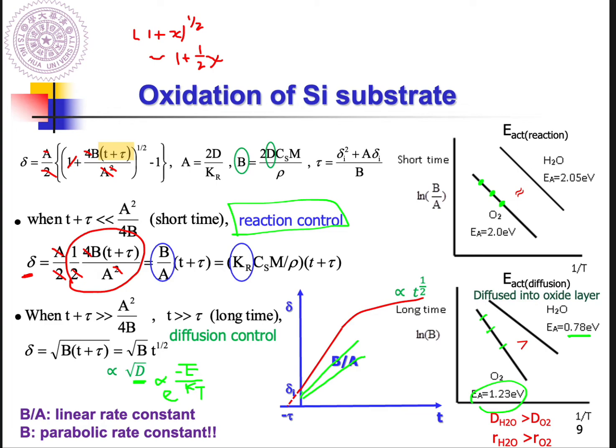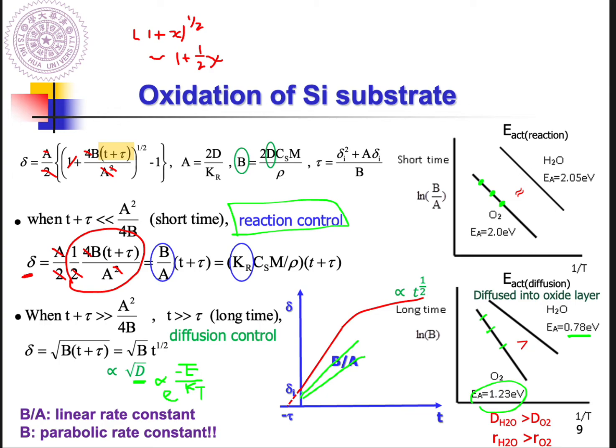So for short time, there's no difference between the dry method and the wet method, because for short time it is actually reaction control. The energy barrier, the energy to break the silicon bond, is similar no matter which method is used.